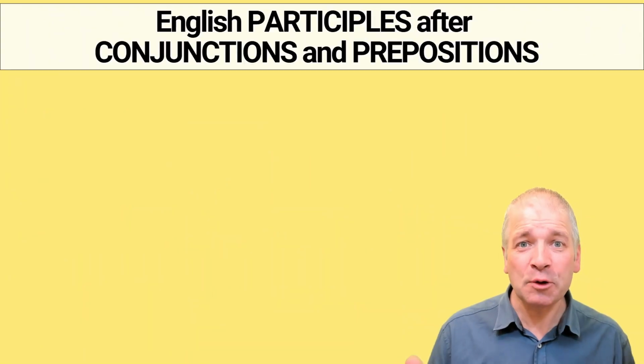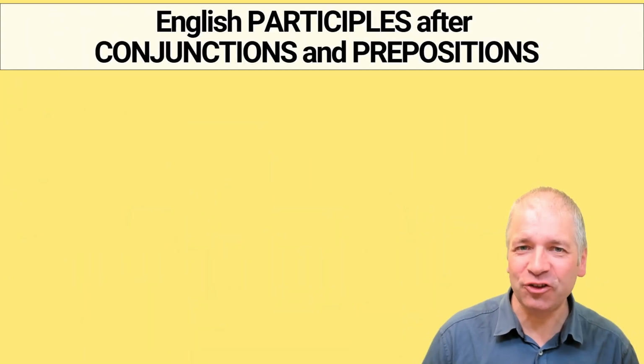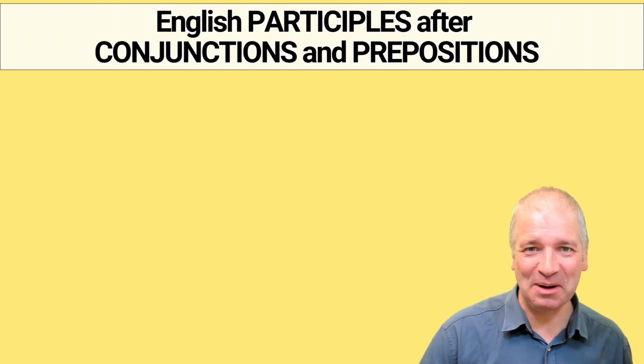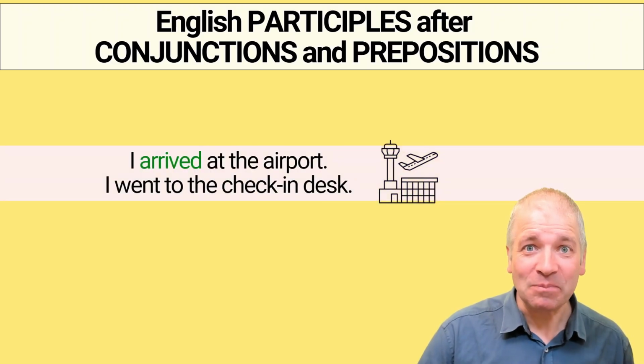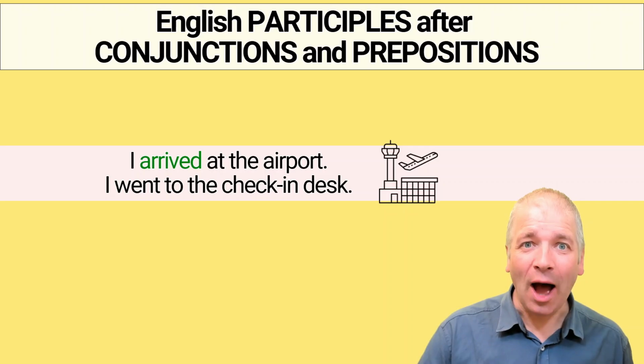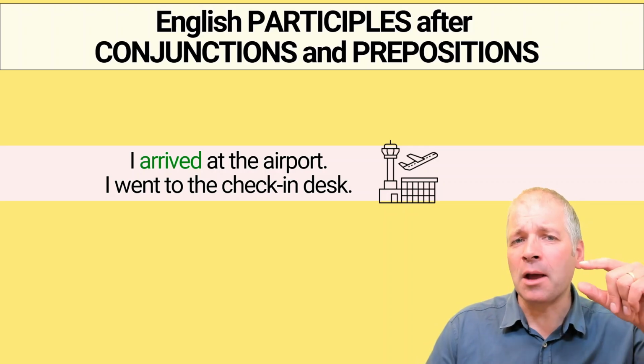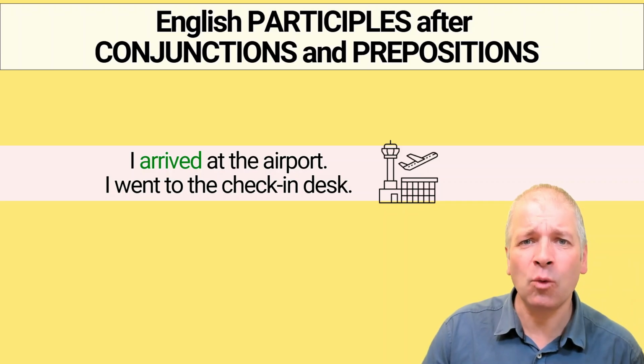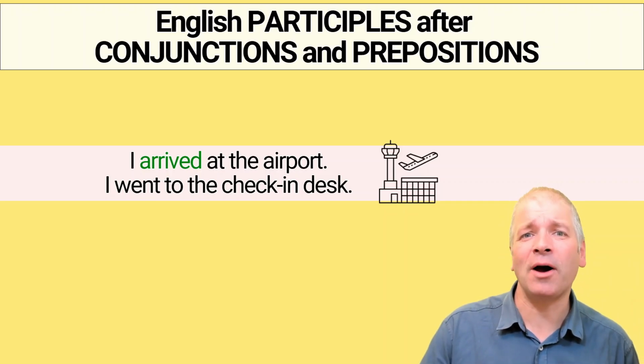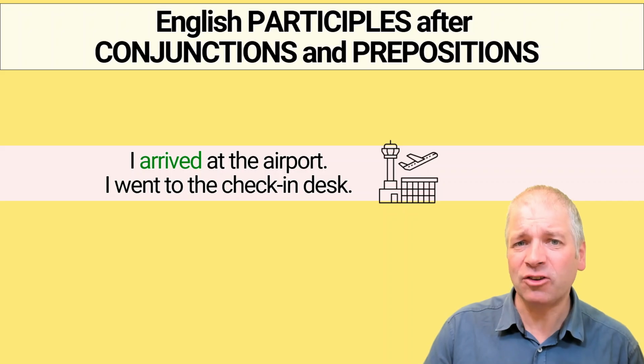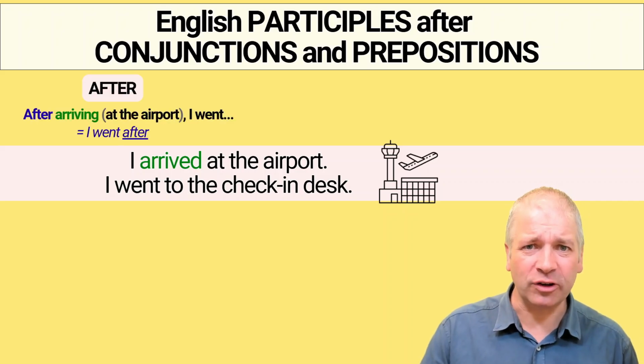We can also use participle phrases after conjunctions and prepositions. Let's set the scene. I arrived at the airport. I went to the check-in desk. Two sentences, but we can combine them if we convert one of the sentences into a participle phrase. And we can do this with a preposition or a conjunction.